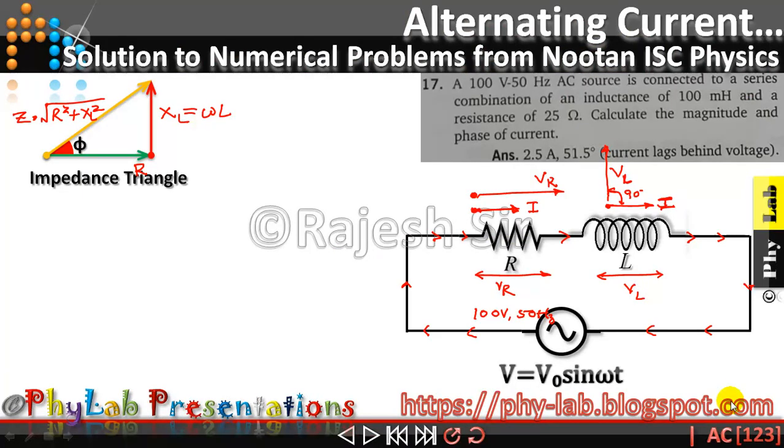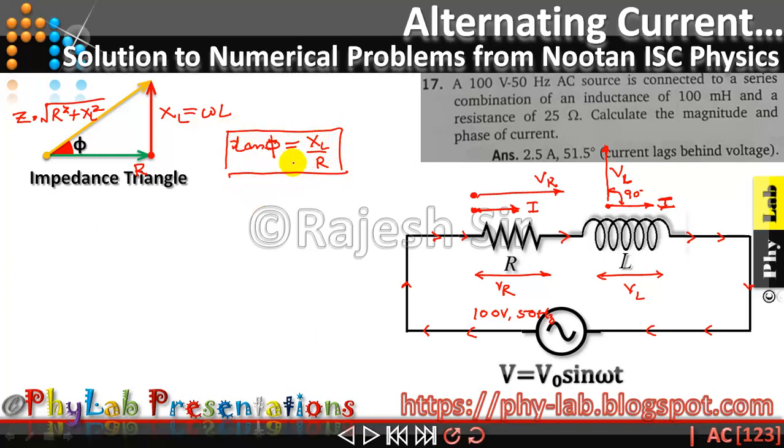The phase angle phi can be easily found with the help of the impedance triangle as tan phi equals XL upon R. Knowing all these things will help us solve this particular numerical problem.